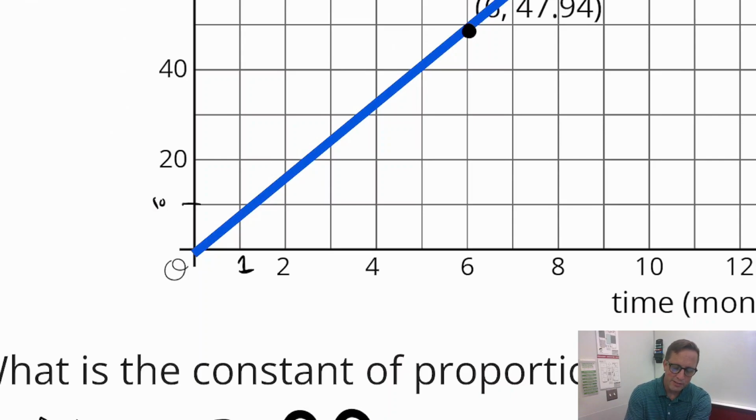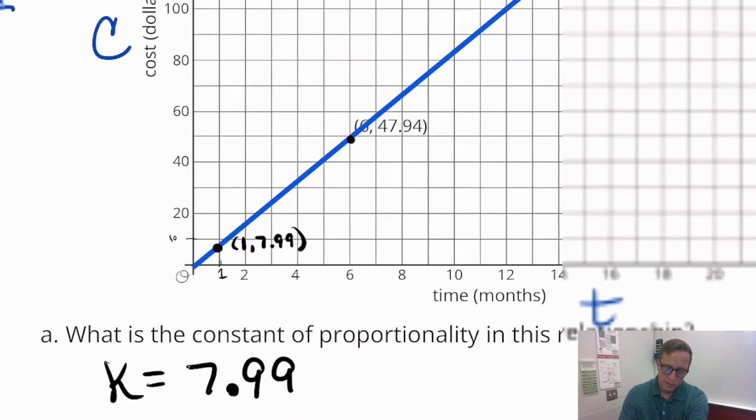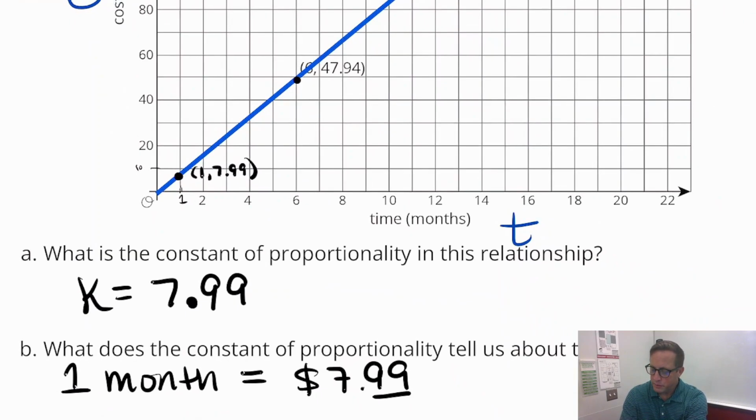Well, this is where 10 is, so I would bet it's right there. Since that's where the line is, I'm going to say that's where it is. So that's going to be 1, comma 7.99: 1 on the x, 7.99 on the y. Then we can do 7.99 times 4, which is 31.96.